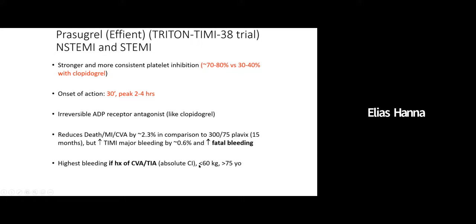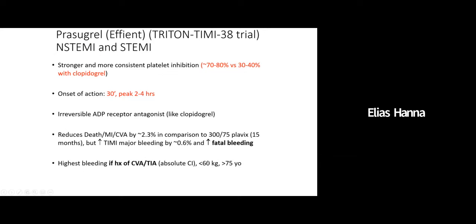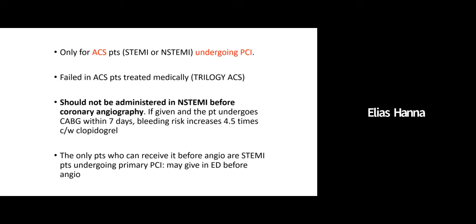Guidelines allow you to use prasugrel in those, but at half dose, a 5 milligram maintenance instead of 10 milligram. Prasugrel is also started like Plavix, a load of 60 milligrams, then a maintenance of 10 milligrams, except in those two groups, the age and the weight, you can use the 5 milligram, or you should use the 5 milligram.